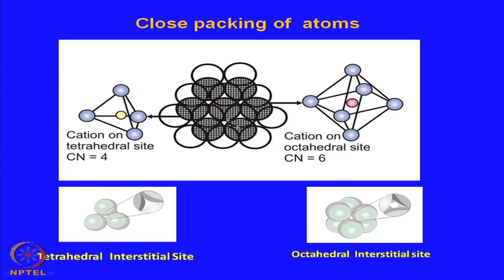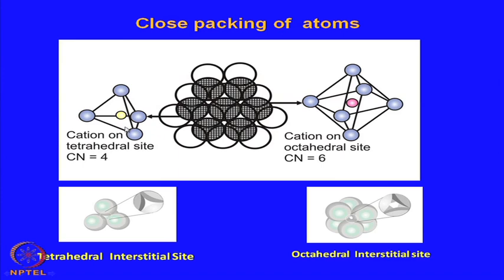As a result, you get different kinds of interstitial spaces. You have the bottom layer as well as the top layer, and in between you have some interstitial spaces. Around each interstitial space the number of atoms is not equal. In some of them we have what we call a tetrahedron. A tetrahedron is formed by close packing, with 3 atoms in the bottom layer and 1 in the top layer.